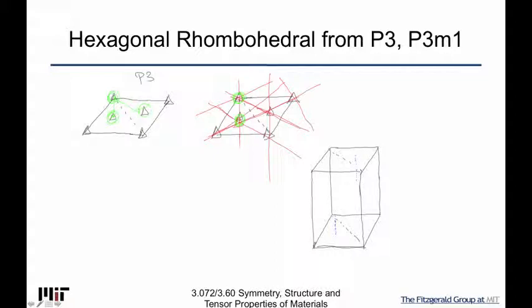From this corner outward, I've got one transition, two transitions, and then to the corner. In that case, this one should be closer to us, and this one's further away.